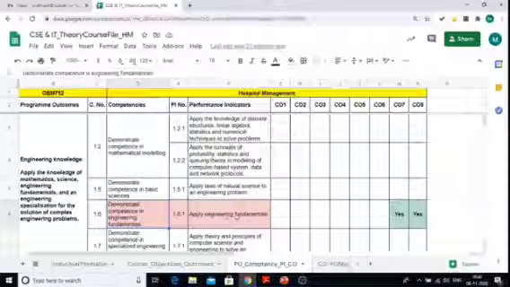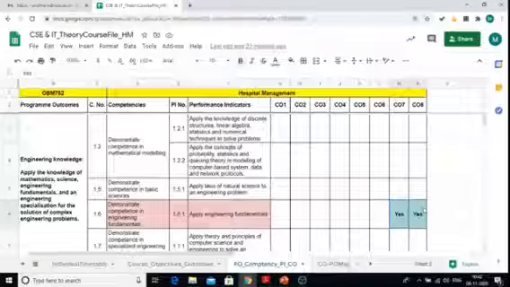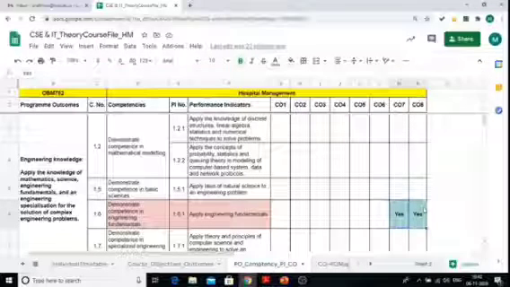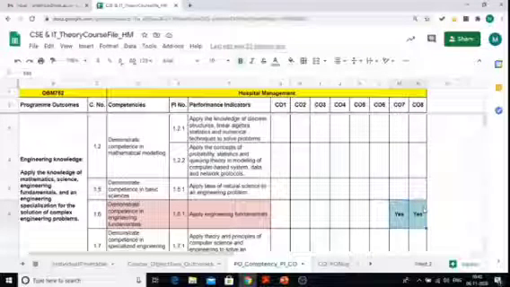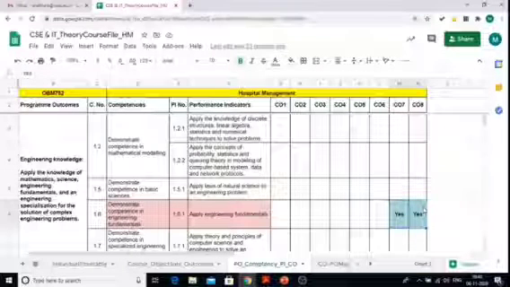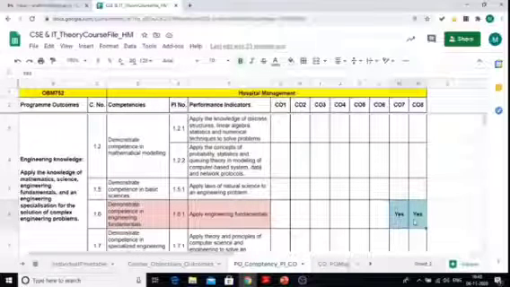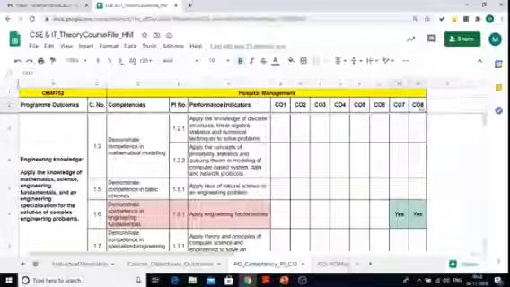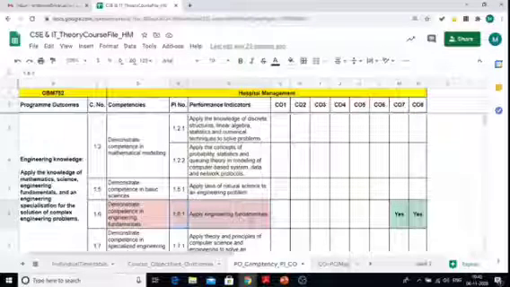For this competency and the corresponding performance indicator, my CO7 and CO8 are mapping. If the mapping is done, you put yes, which means there is a mapping between CO7 and CO8 for competency 1.6, which has the performance indicator 1.6.1.